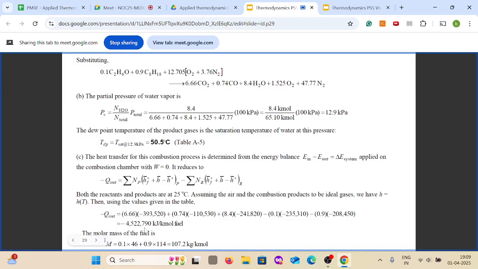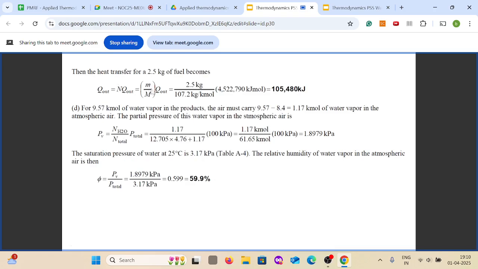If you consider the molar mass, we have 0.1 into 46 for ethanol and 0.9 into 114 for octane, so the molar mass of the combined fuel is 107.2 kg per kilomole. So we will divide it with Q.